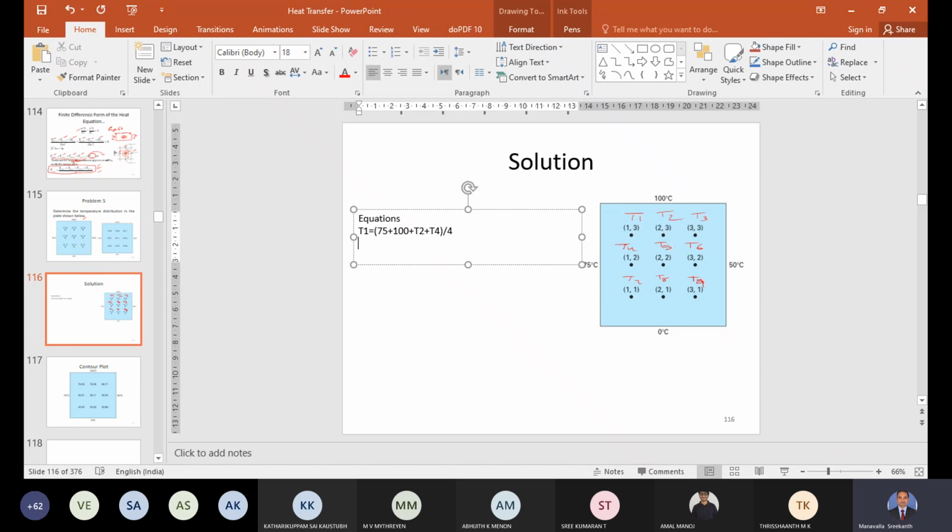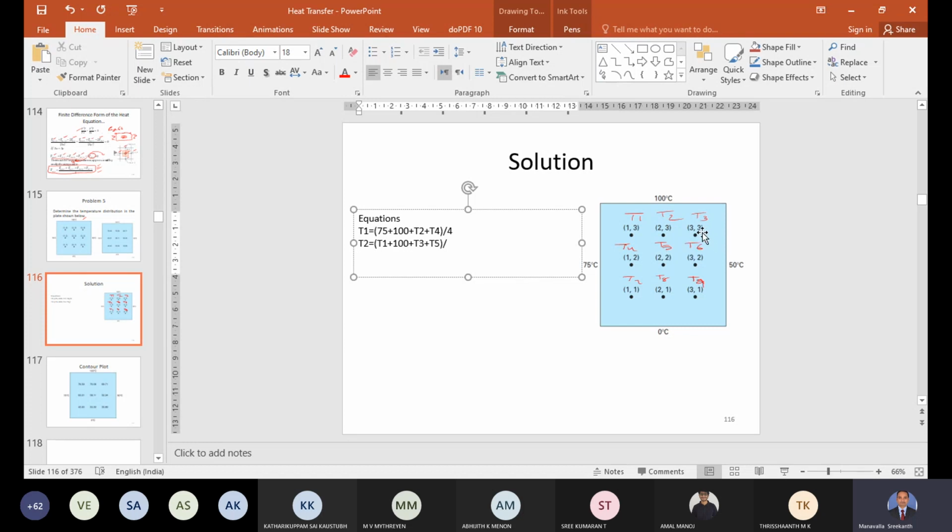So now I'm writing the equation for T2. T2 is equal to (T1 plus 100 plus T3 plus T5) divided by 4. You see here, when I am interested in point 2, I am taking the 4 surrounding points: T1, 100, T3, T5.